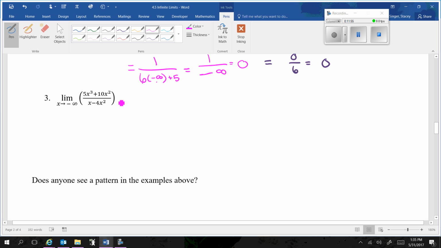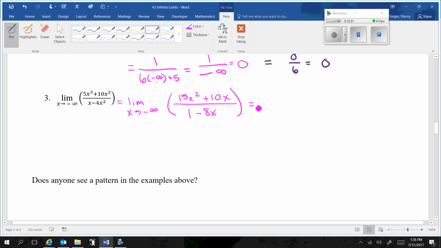So the last one on this page, I take the derivative of my rational function. As x approaches negative infinity, I would have 15x squared plus 10x divided by 1 minus 8x, right? So if I plug in infinity, I'm still going to get infinity over infinity.